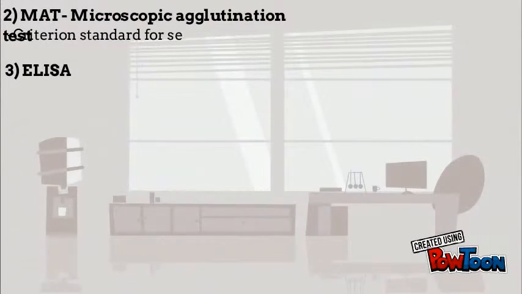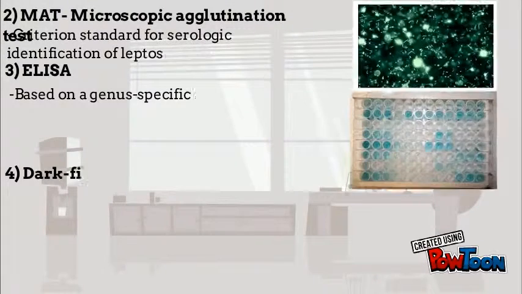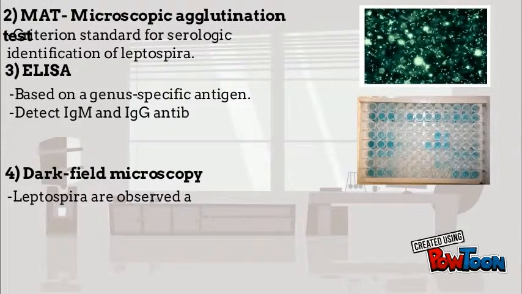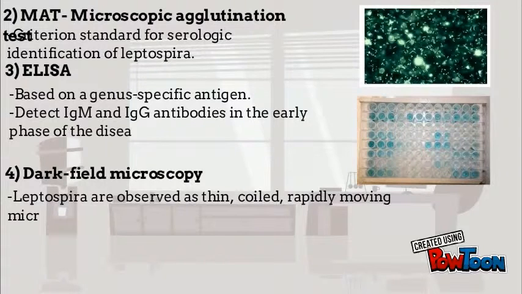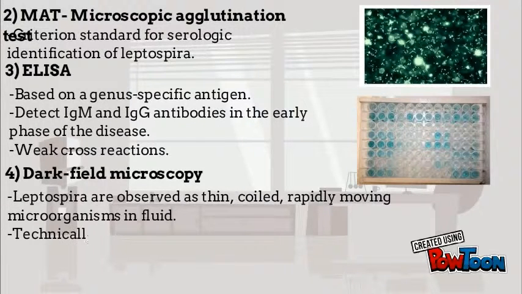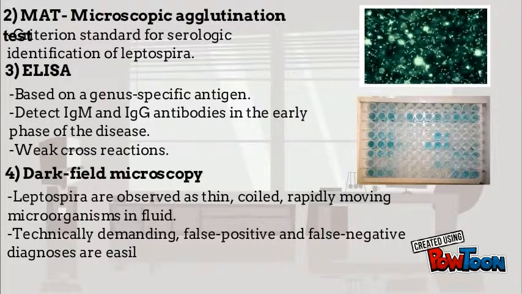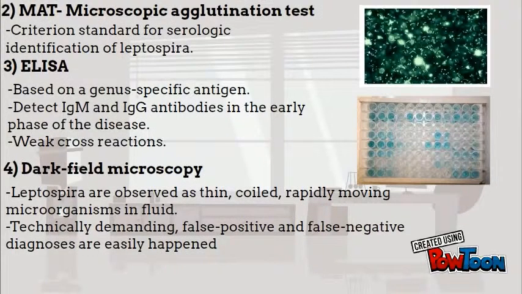Next, microscopic agglutination tests can also be used to detect the Leptospira. ELISA is operated based on the genus-specific antigen. A weak cross-reaction due to the presence of other diseases may be observed. In dark field microscopy, Leptospira are observed as thin coiled moving microorganisms. It is also technically demanding.